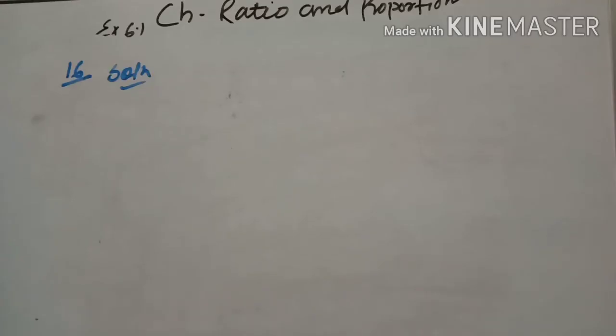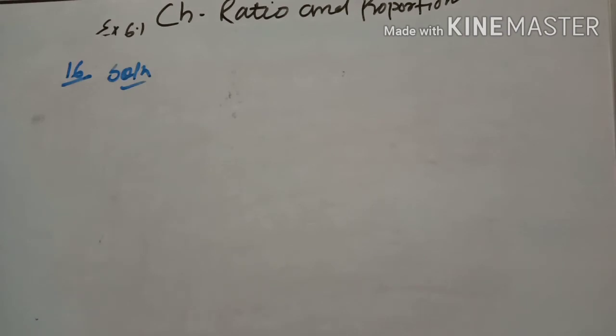Question number 16. The present ages of A and B are in the ratio 5:6. 3 years ago their ages were in the ratio 4:5. Find their present ages.